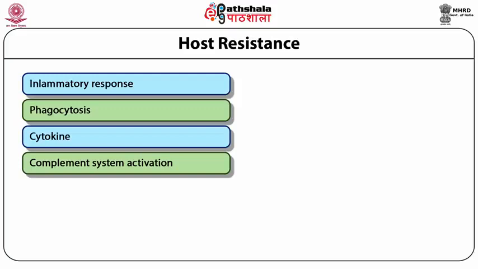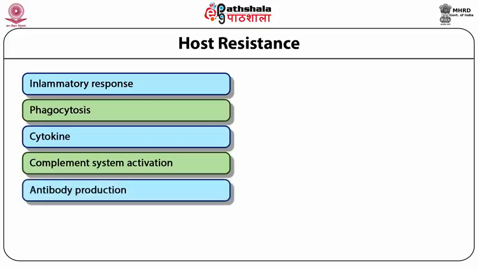And the last is antibody production. Our B cells get converted into plasma cells, and these plasma cells secrete specific antibodies. These specific antibodies bind to the epitopes on the surface of the pathogen and thus prevent its growth and kill it. So we can say the host also exhibits a high amount of resistance to pathogens.